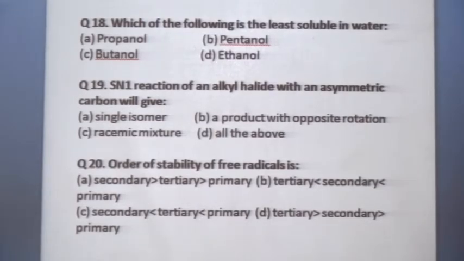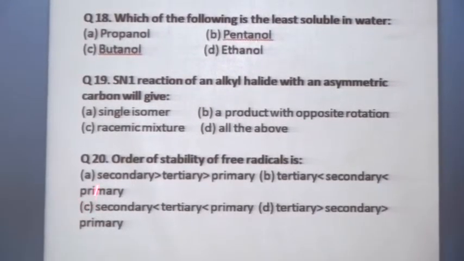In a compound where there is no asymmetric carbon, there you won't get a racemic mixture, because that compound won't be optically active. An optically active compound will only give you a racemic mixture or any other isomer, one of the isomers. So your C is the right answer. I am happy that many of you gave this answer.